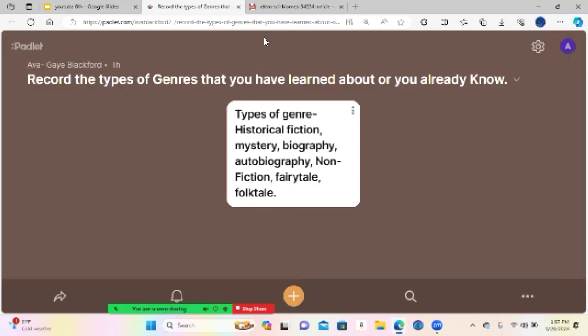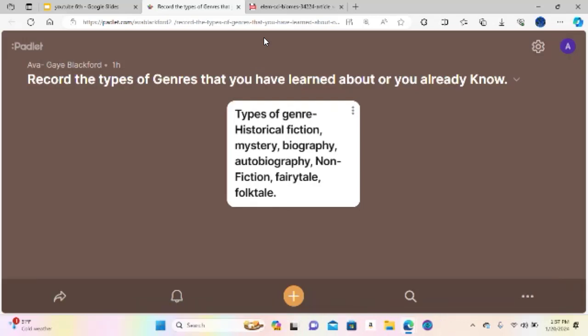And while you are typing your response, you can go ahead and think about what these types of genres mean. So we know that historical fiction is made up stories which has events that occurred in the past or in history, while mystery is a story which contains a problem that must be solved, right?